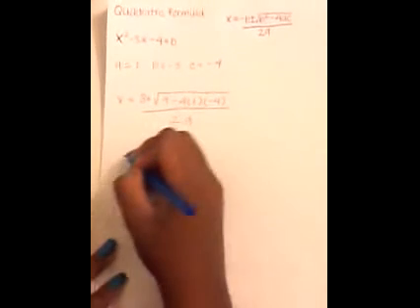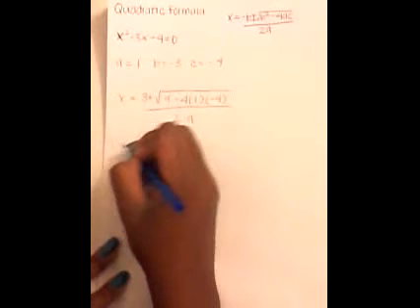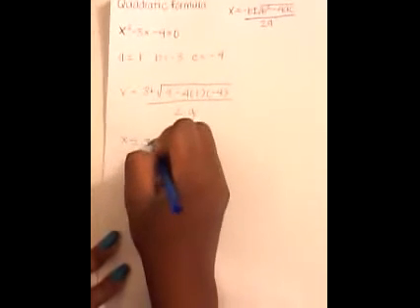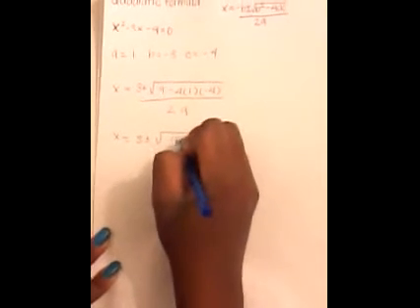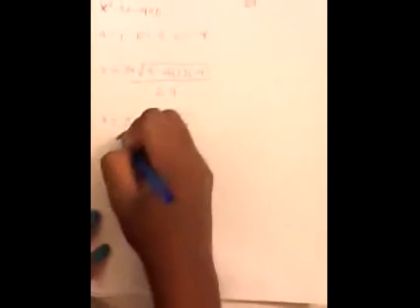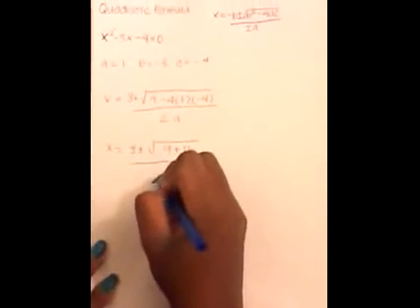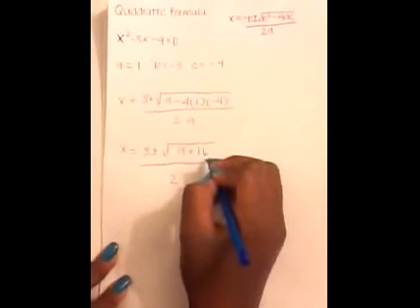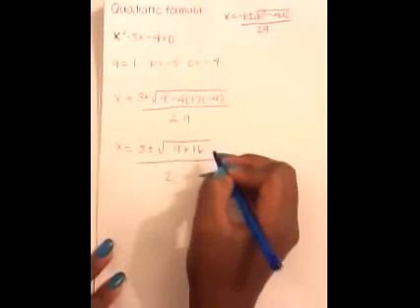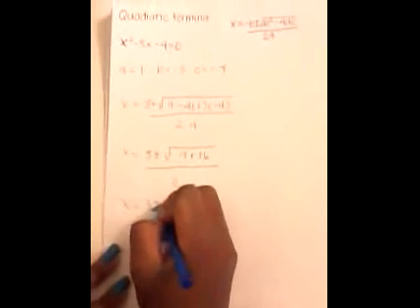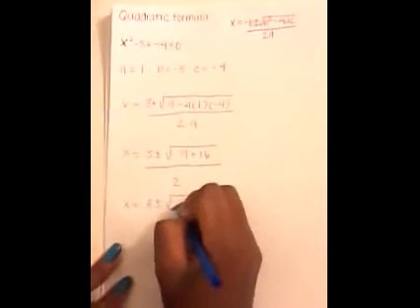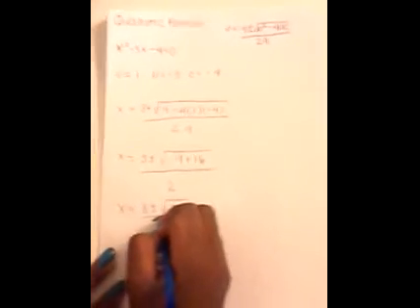Then we'll bring that down, and x will equal 3 plus and minus the square root of 9 plus 16 over 2. 9 plus 16 equals 25, so then we'll have x equals 3 plus and minus the square root of 25 over 2.